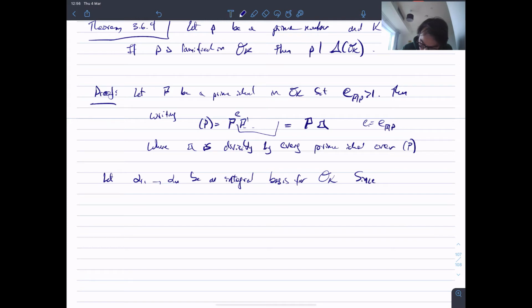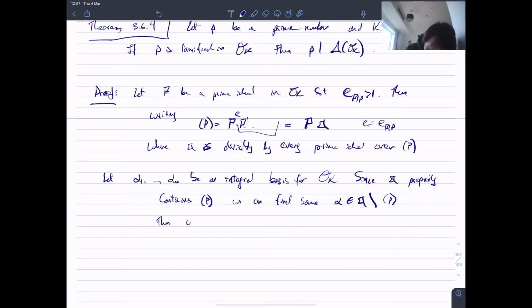Since A properly contains the ideal P. That containment is proper because I've taken out this factor of P, so A divides P, which means A contains P, but it's not the whole thing because there's this prime P missing. So since A properly contains P, we can find some random element alpha, not this integral basis, which is in A, but not in this ideal P.